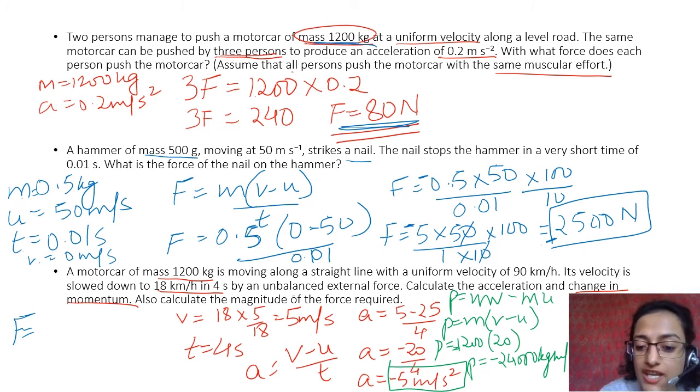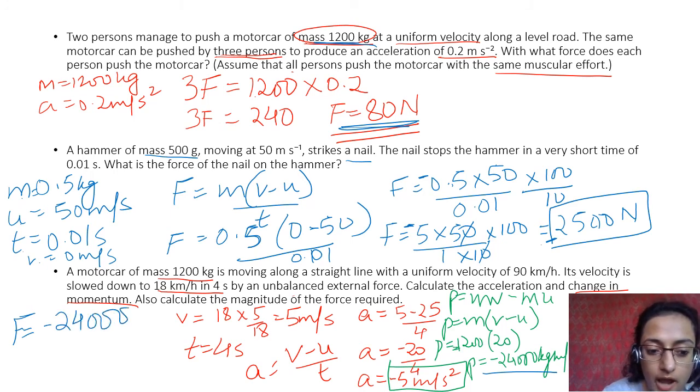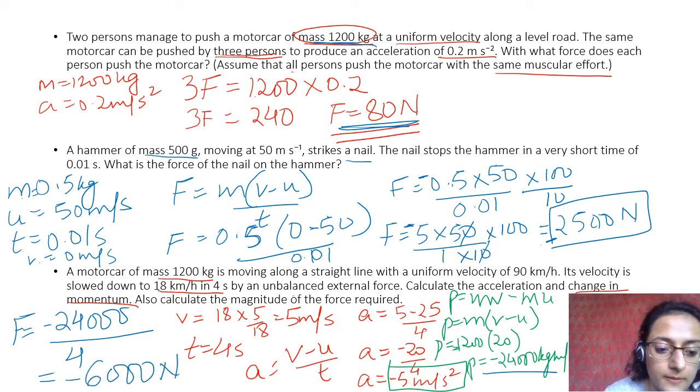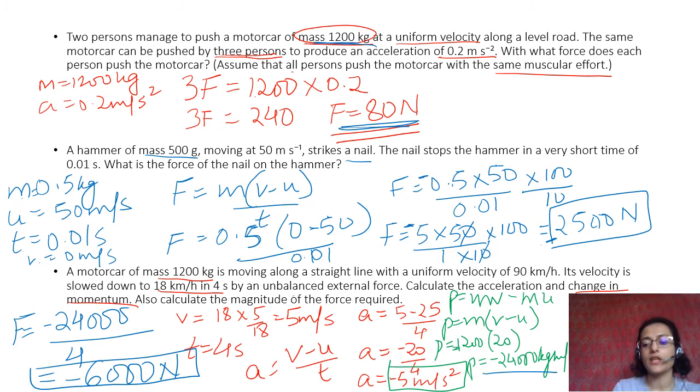So what is the change in momentum? 24,000, and the rate is divided by time, therefore the rate of change of momentum is minus 6,000 Newton. So this is the force that has been applied. Okay, understood? I assume you have understood because I can't hear you.